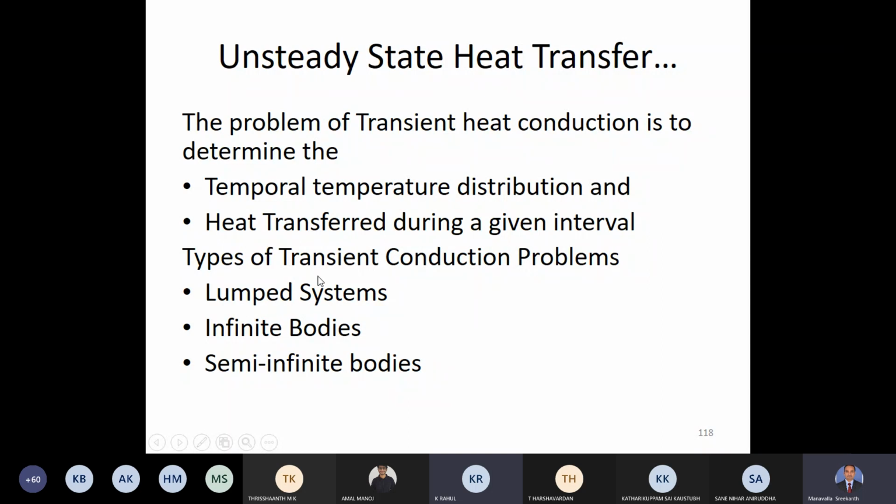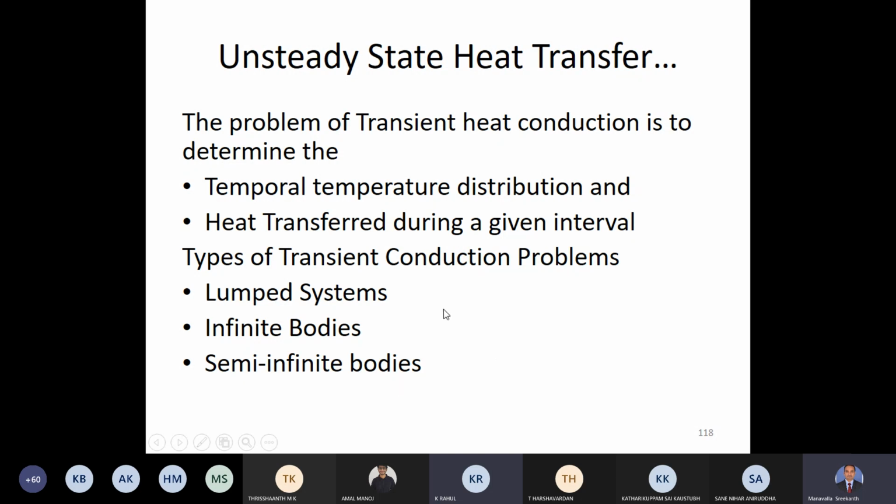Transient conduction problems, depending on their complication and nature, are categorized into three different systems. One is called the lumped system, the other is infinite bodies, and the last is semi-infinite bodies. For this class and the next class, I will talk about the lumped system. Infinite and semi-infinite bodies we will see later on.